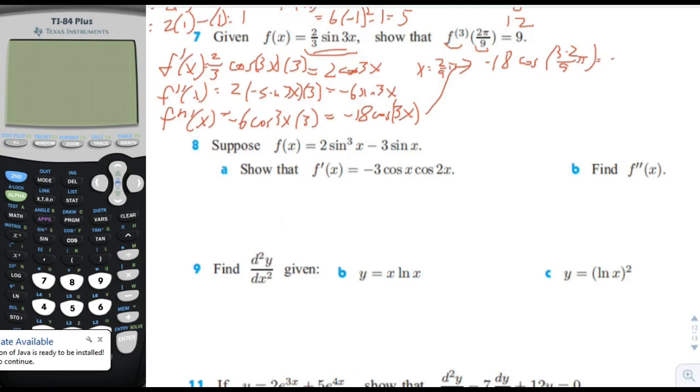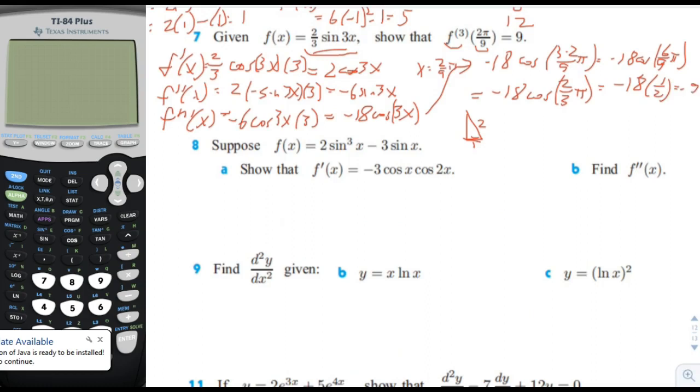It's negative 18 cosine, and it looks like 6/9 pi would be multiplied out. 6/9 pi is the same thing as 2/3 pi, so let's rewrite that. Negative 18 cosine 2/3 pi. And 2/3 pi is 120 degrees. The cosine of 120 degrees is equal to a half. So, negative 18 times 1/2 equals negative 9.